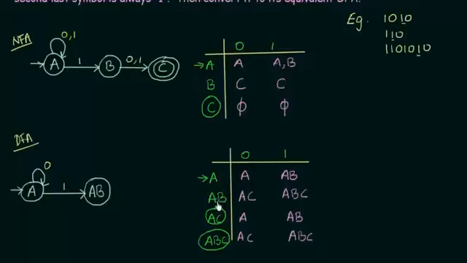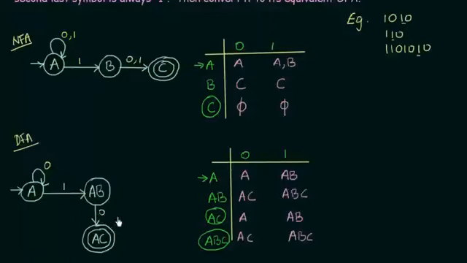Now let's come to AB. AB on getting input 0, where does it go? It goes to state AC. So let me make state AC over here, and let us remember that AC is a final state, so I have to put 2 circles around this AC. AB goes to AC on getting input 0.